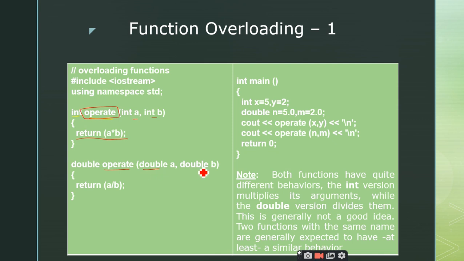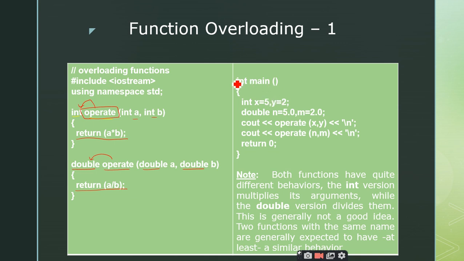Here I have taken two variables which belong to double data type, and you can observe that the operate function in the second function is returning a double data type, whereas the operate in the first function is returning integer. So here I am returning a by b. That means I am returning the division value of a by b, right?